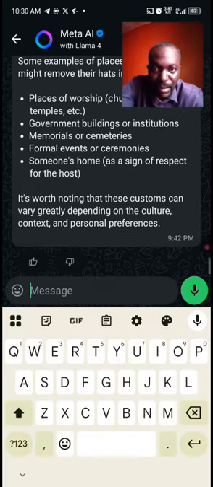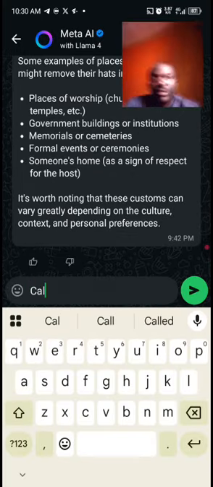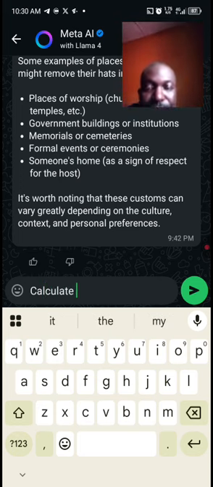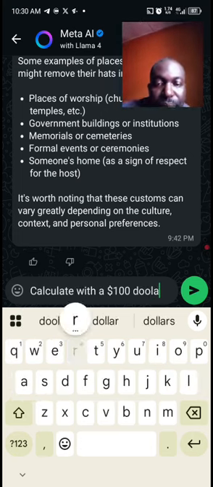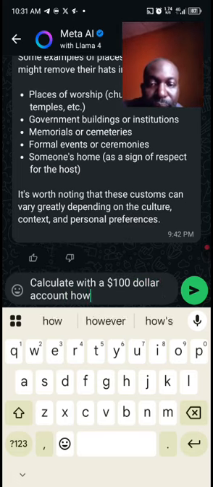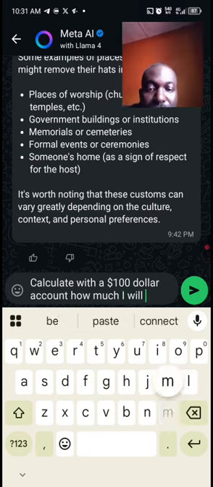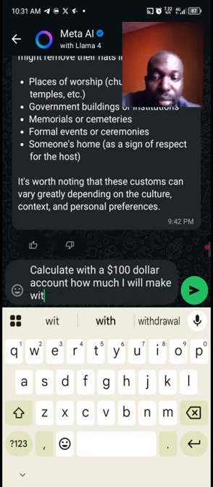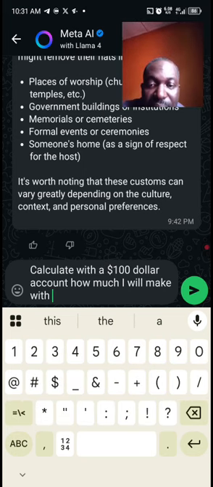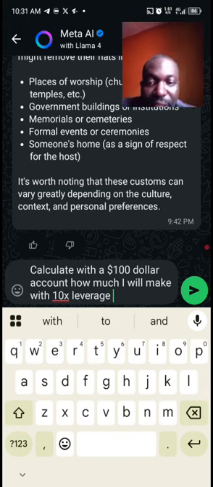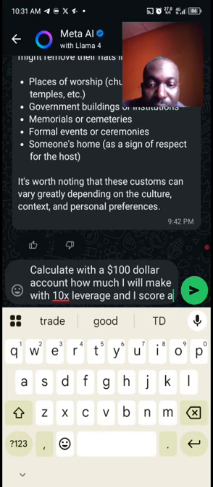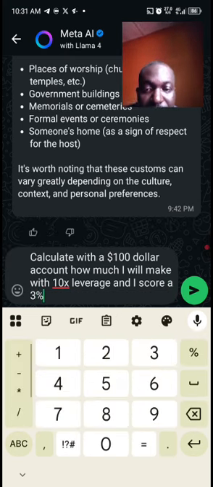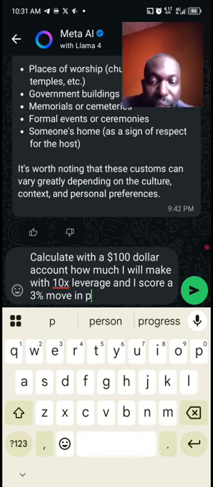Okay, so I'm going to type, how much I will make with, let's say for this instance, 10x leverage and I score a 3% move in price.